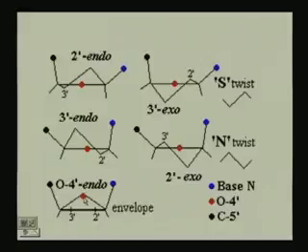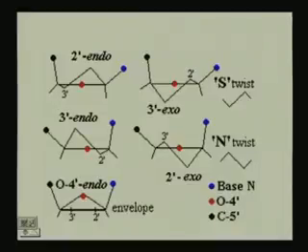Is that clear? Okay. So, the endo configuration is when you have some carbon atom or the oxygen atom push to a position or pucker to a position that is in the same direction as the base attachment and the phosphate attachment.